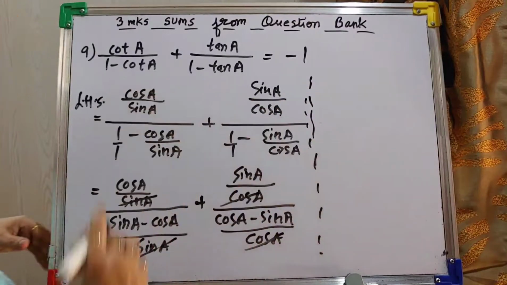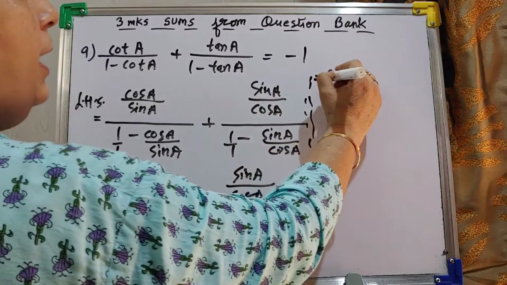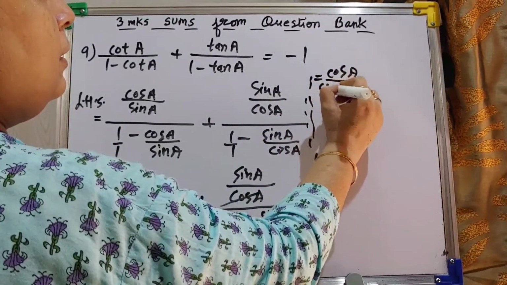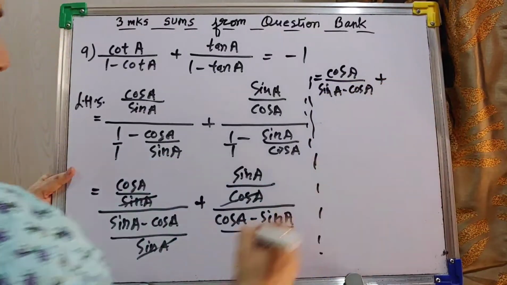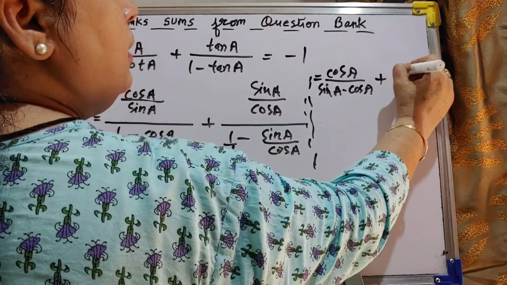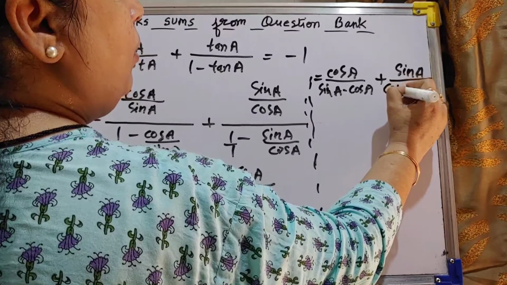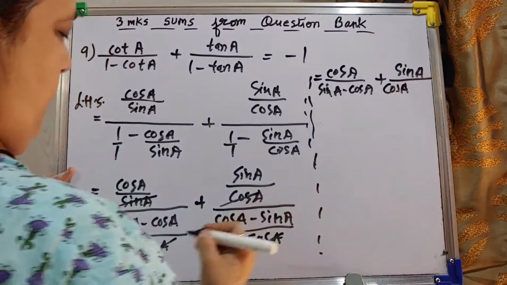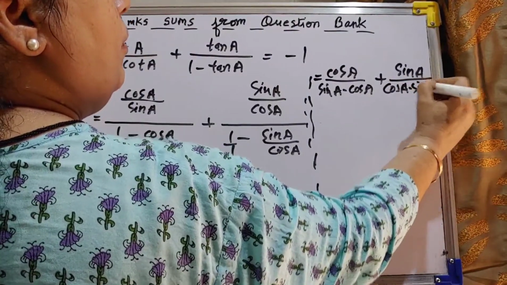Now, what will I get? Cos A upon sin A minus cos A plus sin A upon cos A minus sin A. Okay.